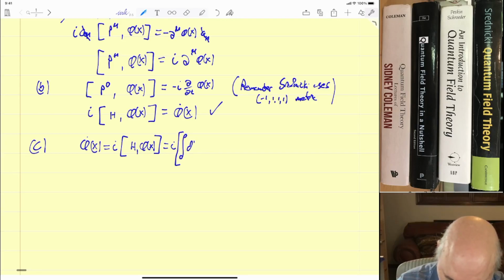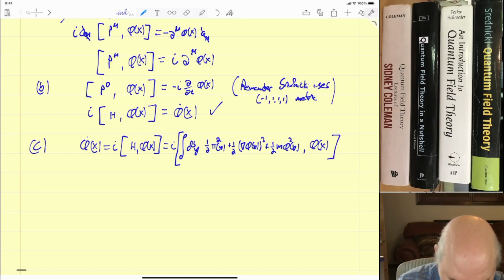Now you can look back in the book as to what the Hamiltonian is for the Klein-Gordon field. It's pretty easy to remember. Pi of y squared plus 1/2 del phi of y squared plus 1/2 m squared phi of y squared, comma phi of x.